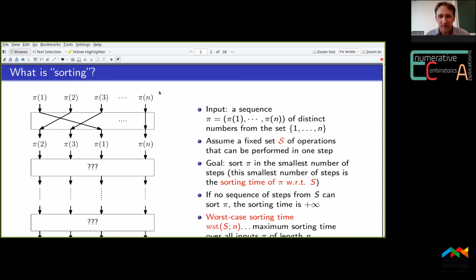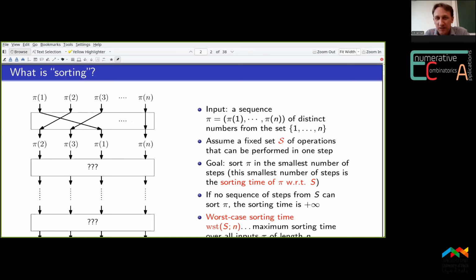And I assume that this set S of mine is just a set of some permutations that I'm allowed to perform regardless of what the input is. And by choosing my operations wisely, I might eventually end up with an increasing sequence of numbers.